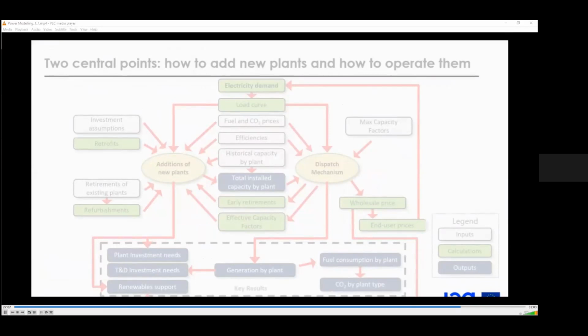Coming back to the diagram, we have now covered the two main components, addition of new plants and dispatch mechanism. To follow, I would like to focus on other very important elements of this power system, which is how much fuel is consumed by plants and the consequence of it to emissions by plant type.